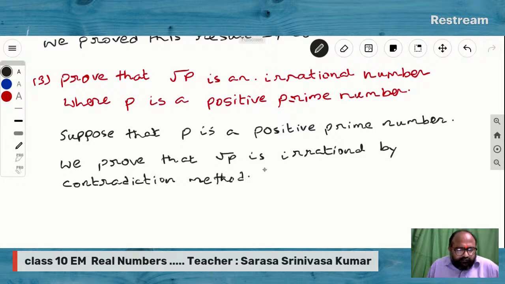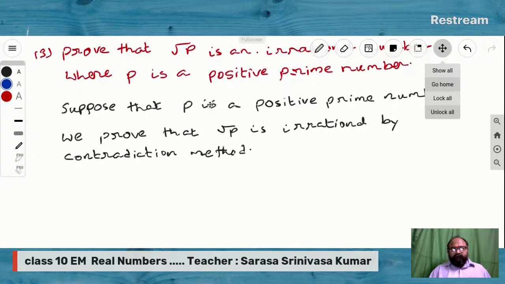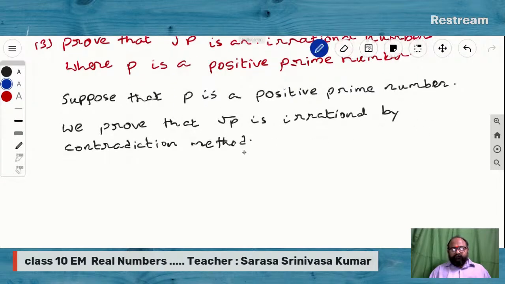So by contradiction method we assume that the given statement is wrong. So if the given statement is wrong, then square root of p is not irrational. If square root of p is not irrational, then it should be a rational number.